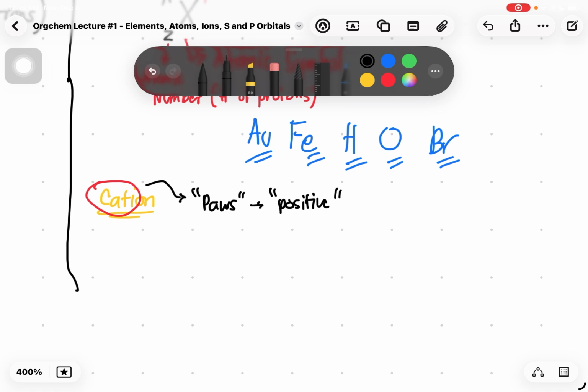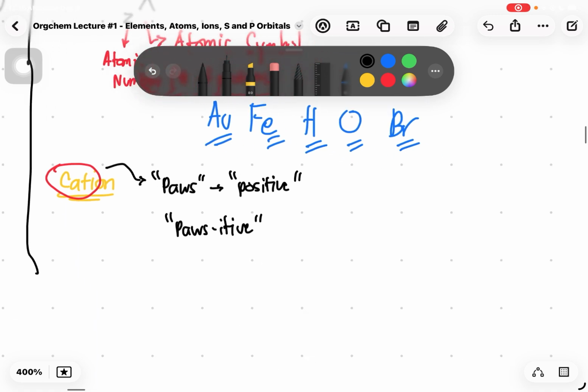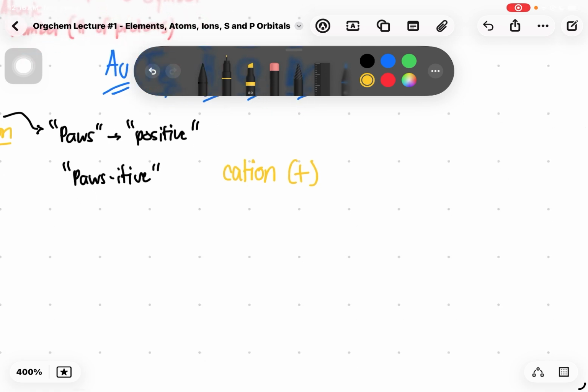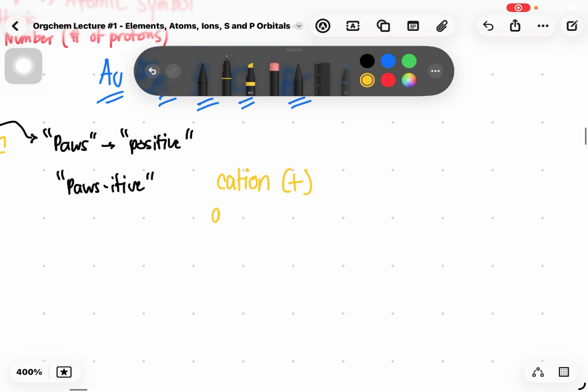So basically, you're saying positive. That's just a quick way to remember it. So let's reiterate that. A cation is a positively charged atom and has fewer electrons than protons. An anion is a negatively charged atom and has more electrons than protons.